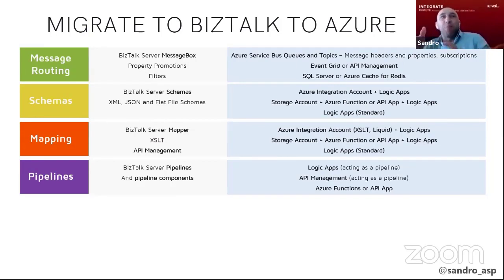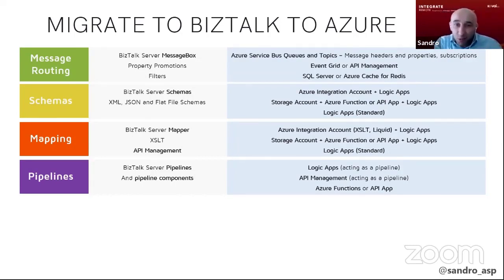If you think what is a pipeline on Azure, it's more tricky. So we can actually have, for example, a Logic App acting as a pipeline that receives the message, normalizes or standardizes the message, and delivers to another Logic App or another service ahead. API management can also act as a pipeline, if you want to, for example, convert the JSON to XML.